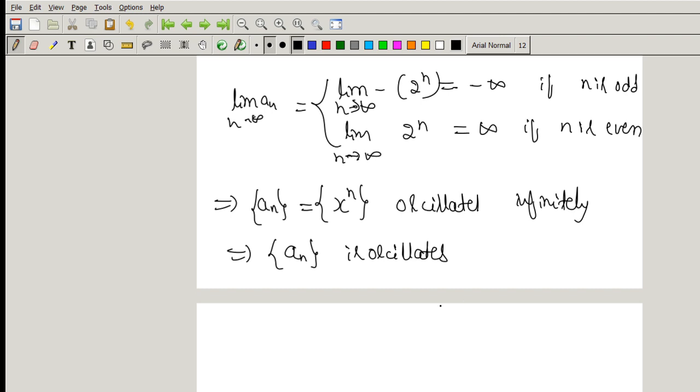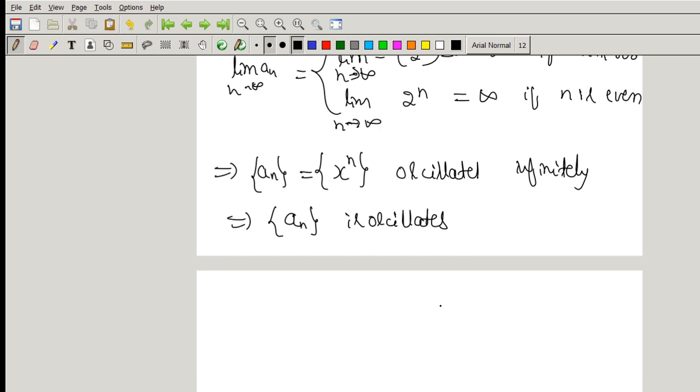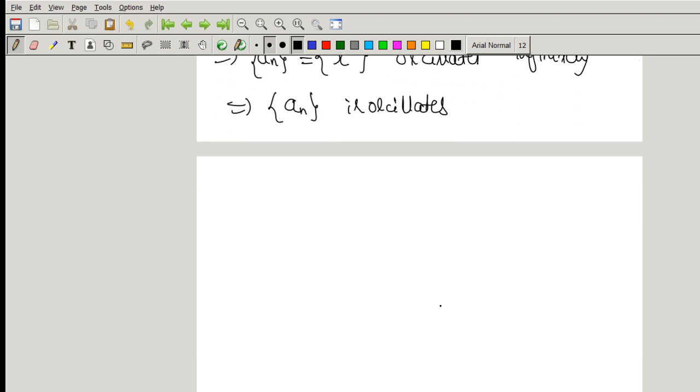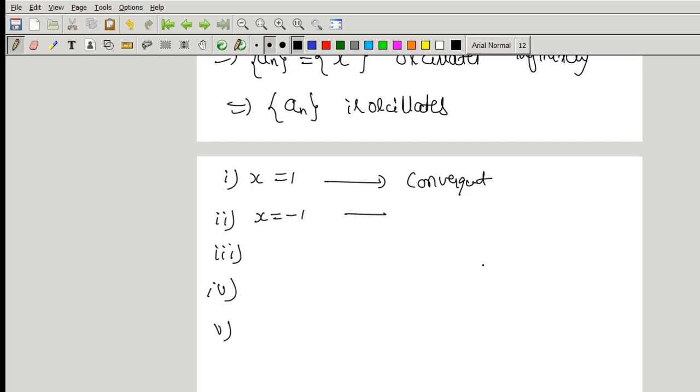If you write it in series form, the nature is the same, but the representation is different. A series is the sum of the terms in a sequence. Therefore, in case 1, x equal to 1, the given sequence is convergent. If x is equal to minus 1, the sequence oscillates finitely.